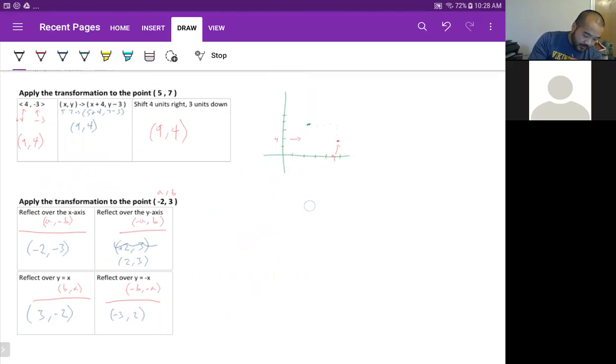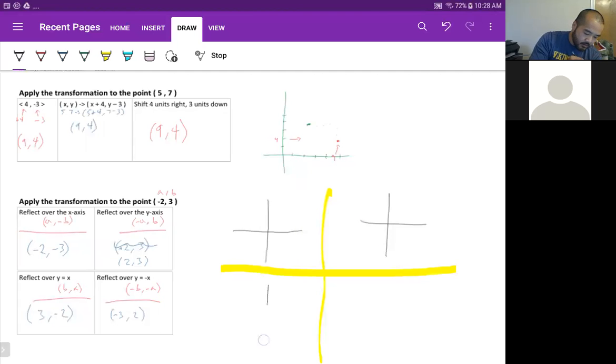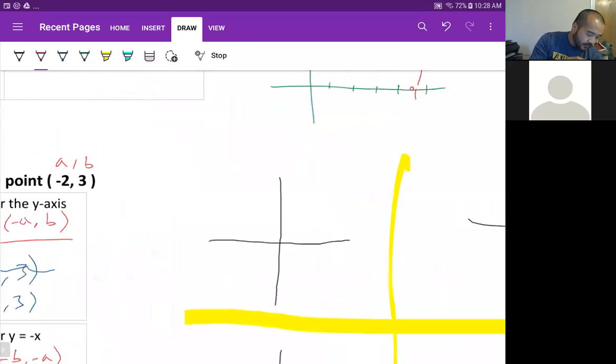Let's do some rough graphs here also, so you have something to look at on this page at least. We started off on each one at -2 and 3.